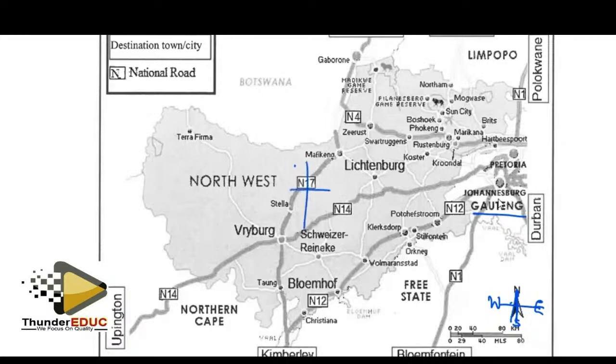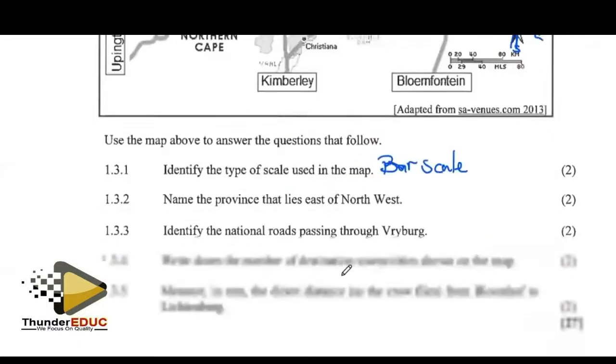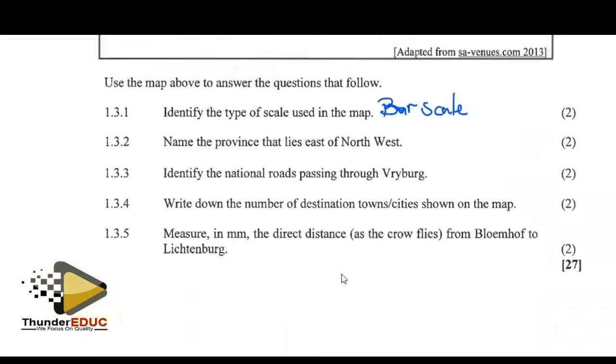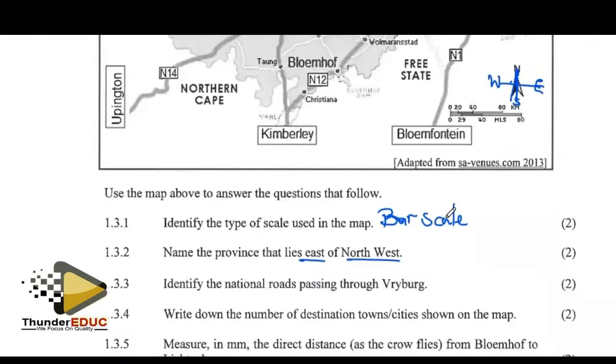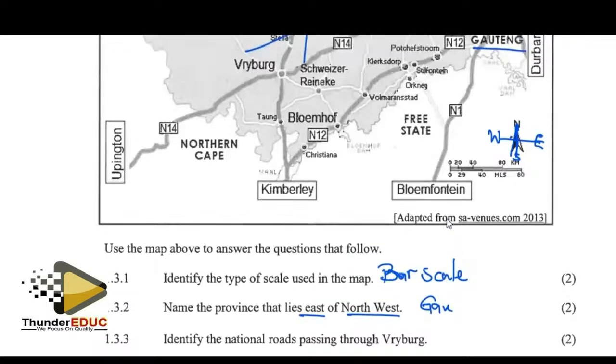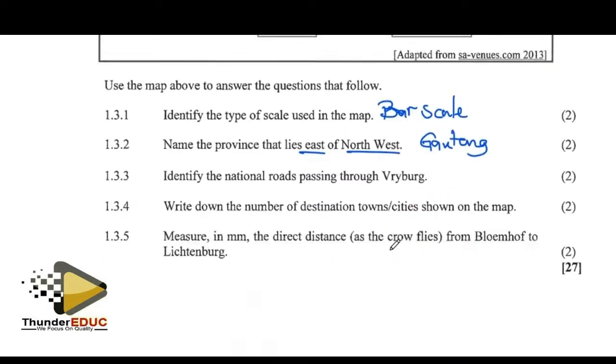They said the province that lies east of Northwest province. We shall say it's Gauteng. It's directly there. Gauteng lies east of Northwest.